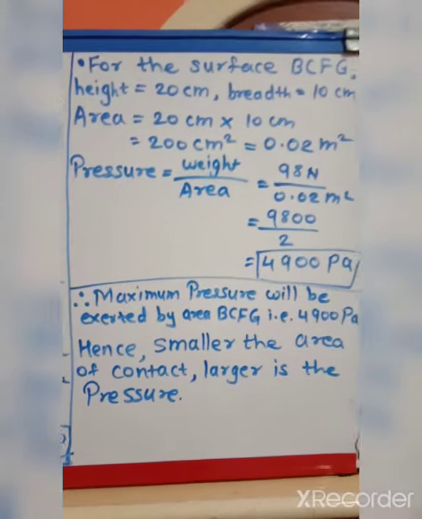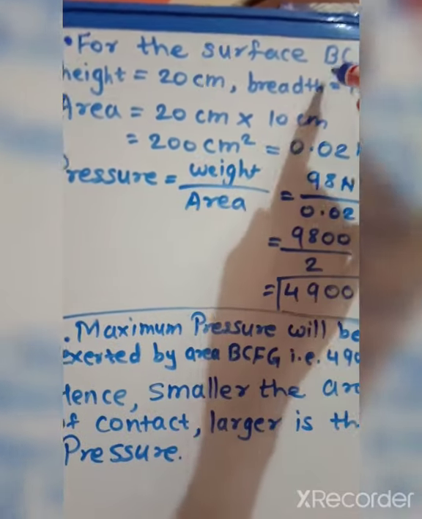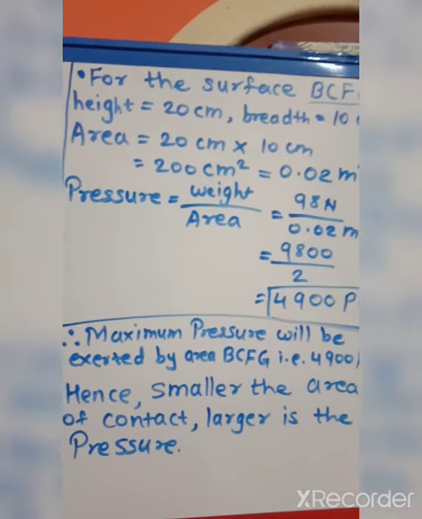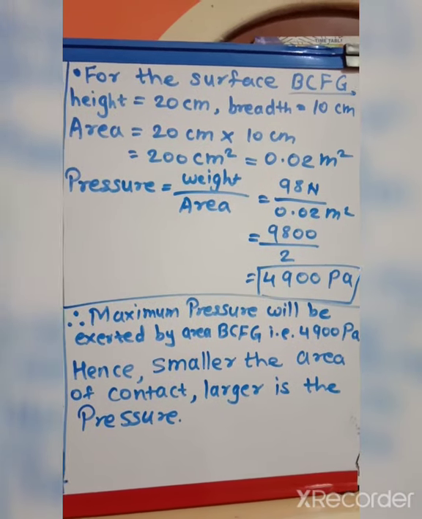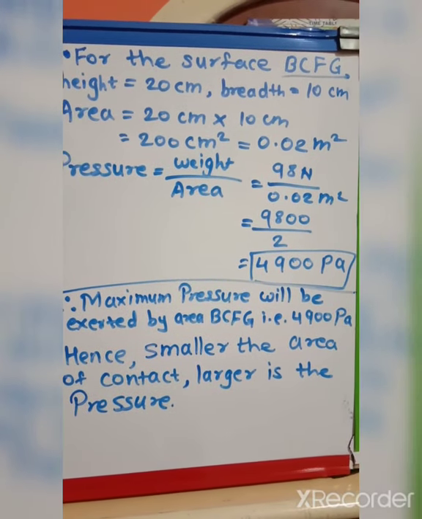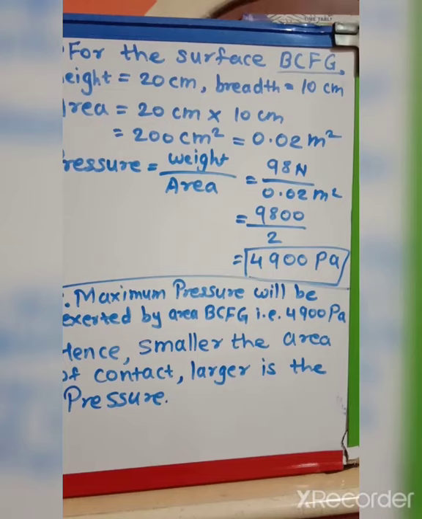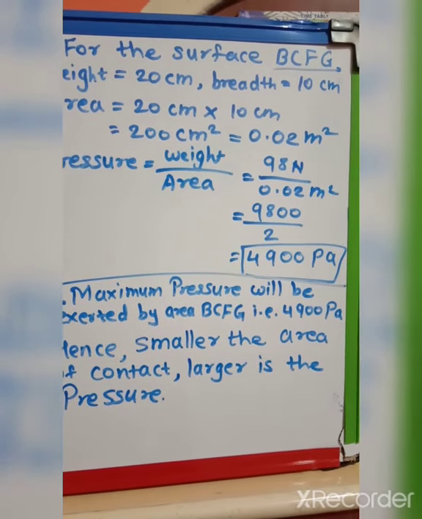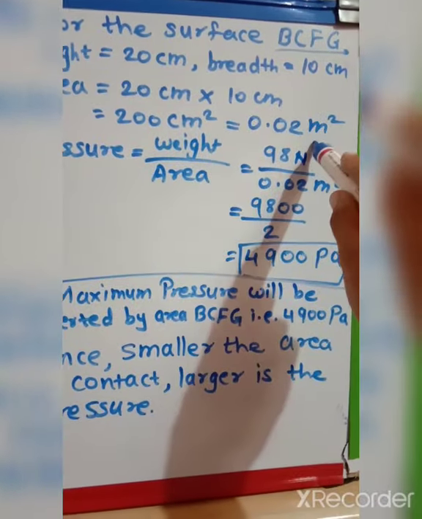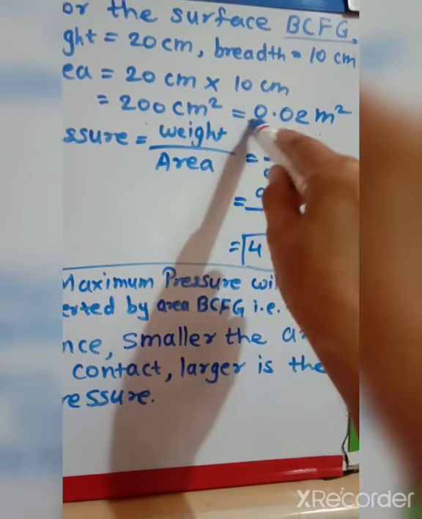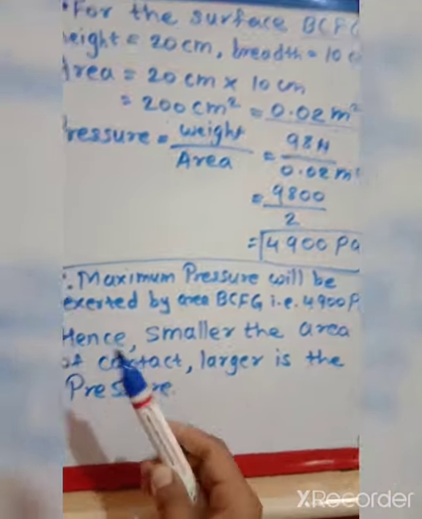Okay, so this is the pressure from surface area CDEF. Now for the surface BCFG, height is 20 centimeter and breadth is 10 centimeter. Now area is equal to 20 centimeter multiplied by 10 centimeter, so that will become 200 centimeter square. Converting into meter square, 200 will become 0.02 meter square.